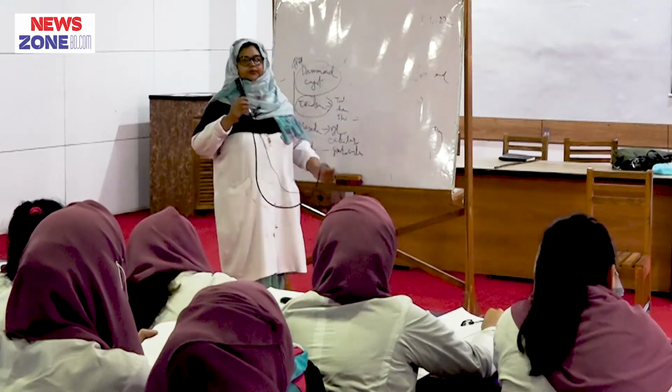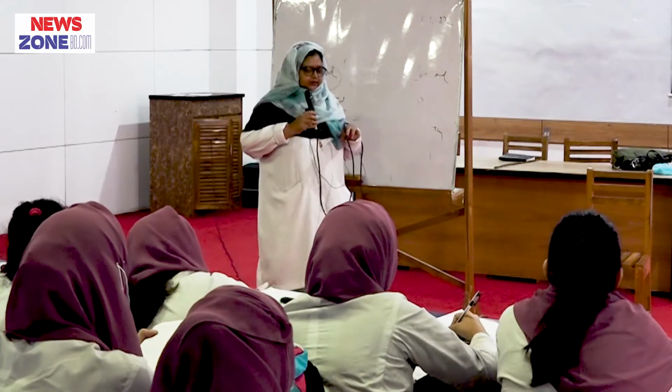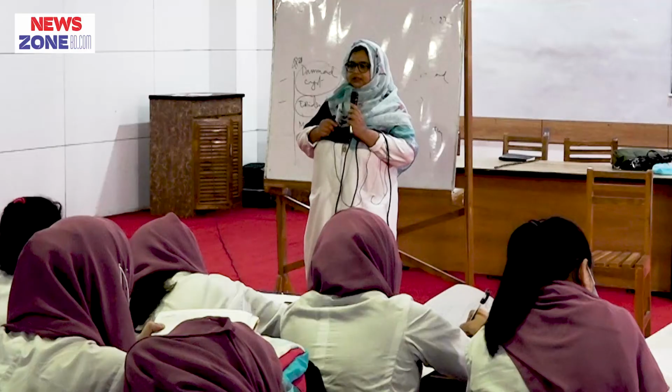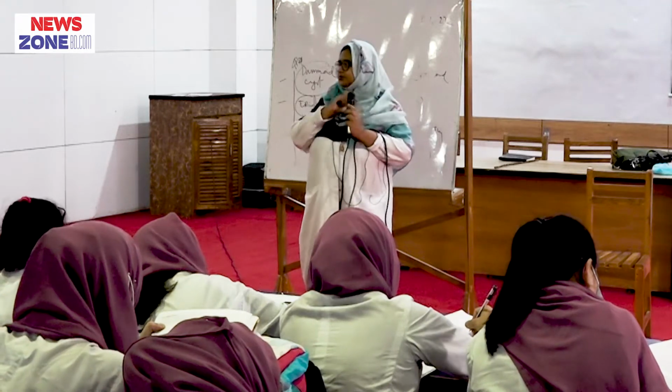So for prevention, what are the types of prevention? Primary prevention, secondary prevention and tertiary. What is primary prevention? Education and vaccination like this. Secondary prevention is screening. What did I tell today? Cervical cancer screening.